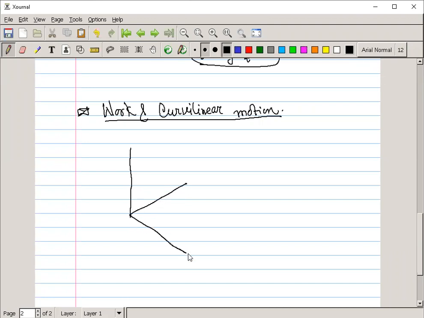This is the coordinate system. In this coordinate system, this is x, this is y, this is z. And consider a curve, this blue line, for example. So this is the path.